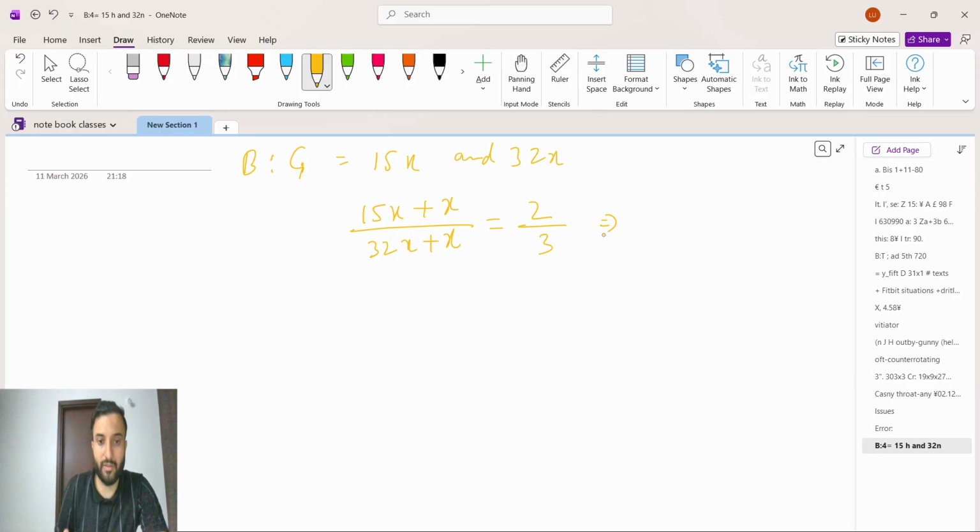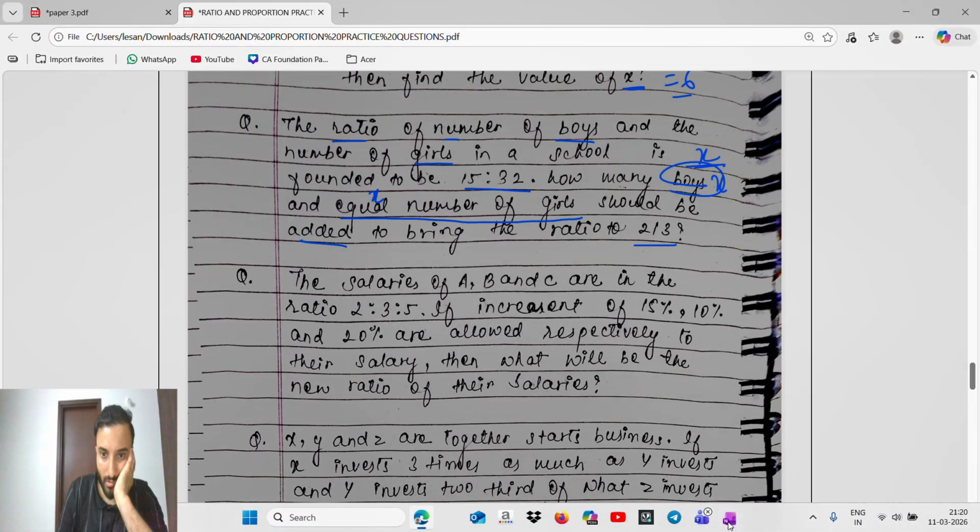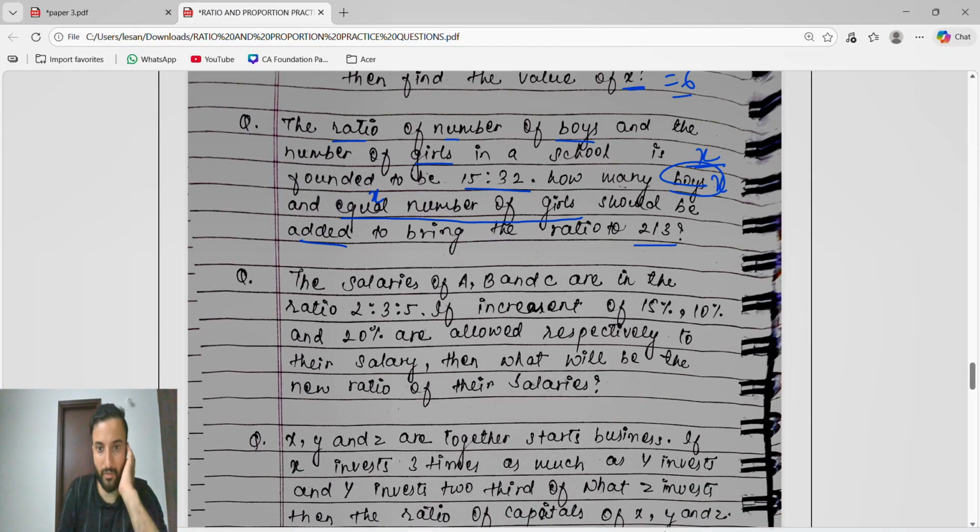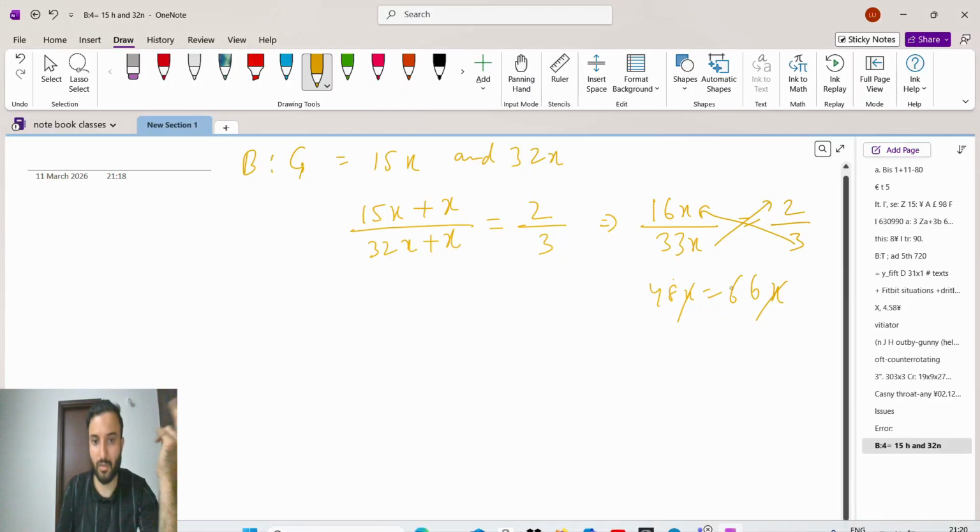So what we will do, guys: 15x plus x, 16x, divided by 32x plus x, means 33x, equals 2/3. Do the cross multiplication: 16 into 3 becomes 48x equals 66x, x will get cancelled. What we have to find is the value of x, and it only gets cancelled.